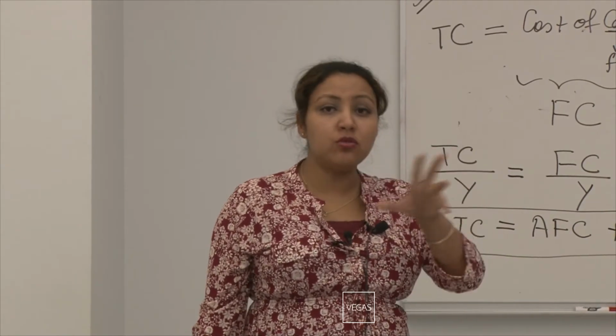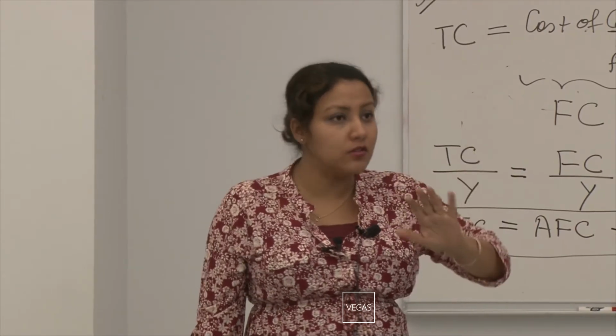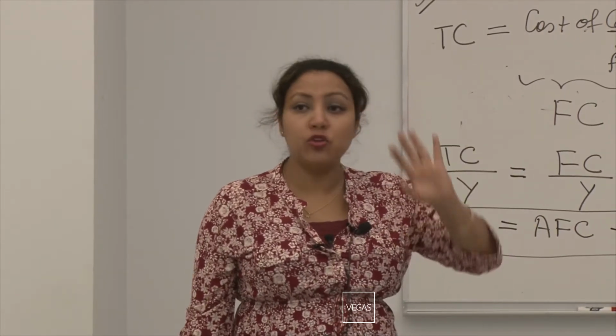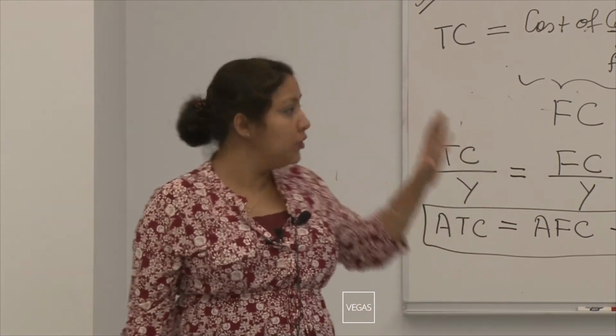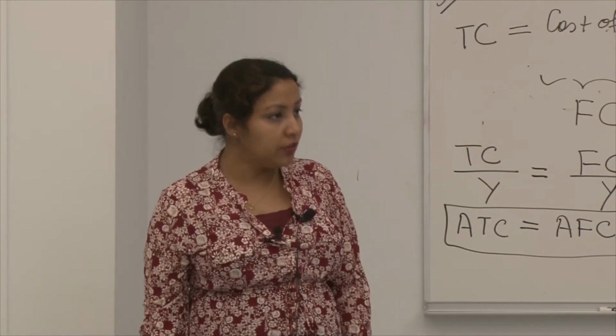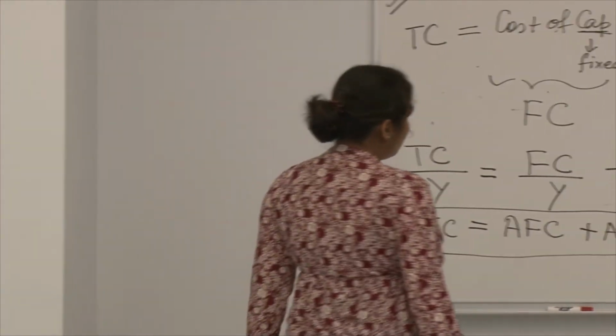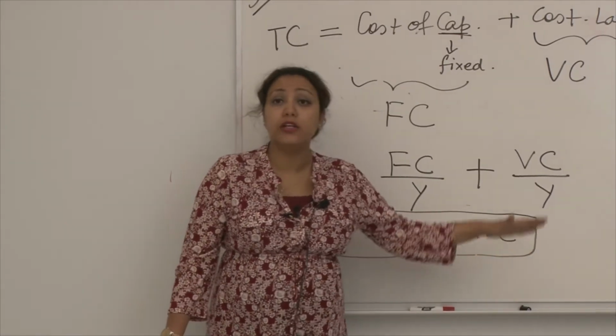So, what happens to the value of the fraction will depend on the relative increase of the numerator versus the denominator, right? Which one increases more than the other? Anecdotally, we find that usually the numerator increase is greater than the denominator increase. So, that means as we produce more and more, as y increases, AVC also increases.